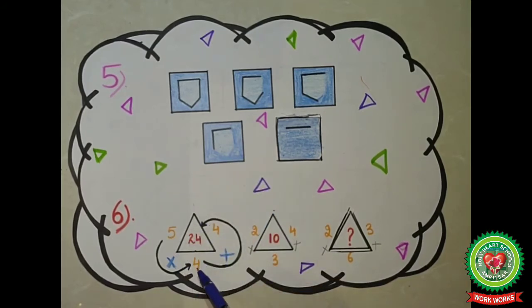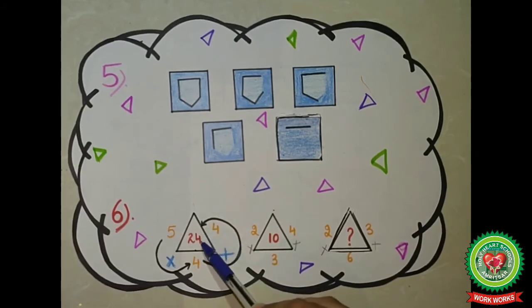5, 4, 4 and the answer is 24. If I multiply 5 by 4, the answer will be 20. If 20 is added to 4, the answer is 24.